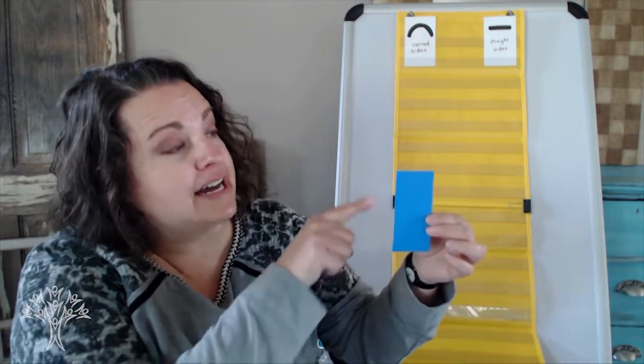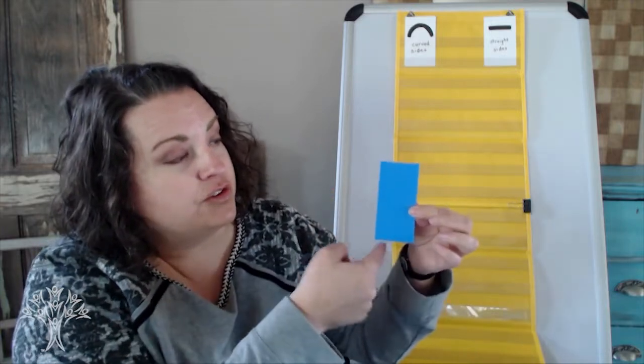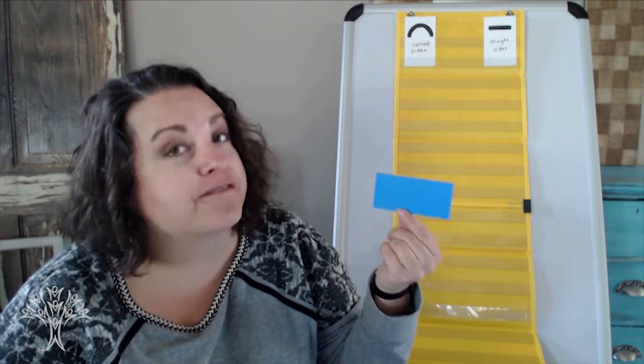What about a rectangle? What makes a rectangle a rectangle? Tell me what you think makes this a rectangle. Did you say that a rectangle has 4 straight sides? 1, 2, 3, 4. It also has 4 corners, or as mathematicians call them, vertices.